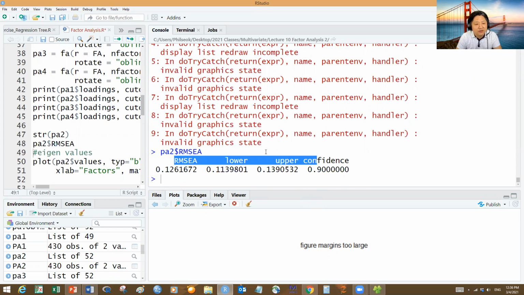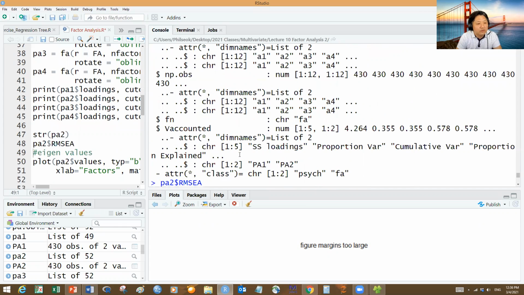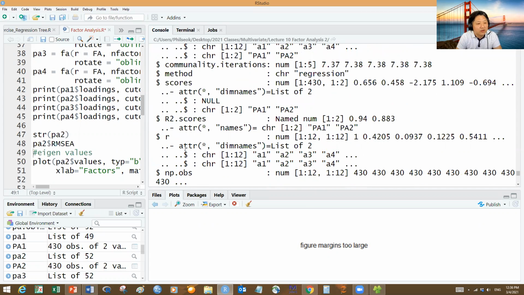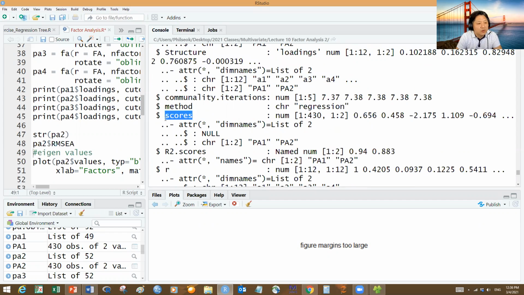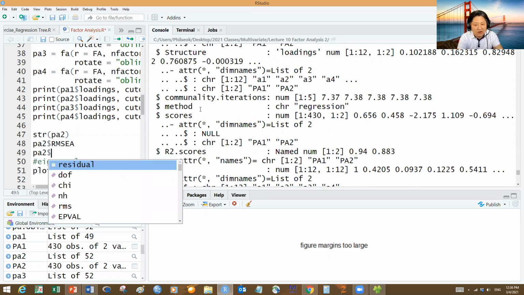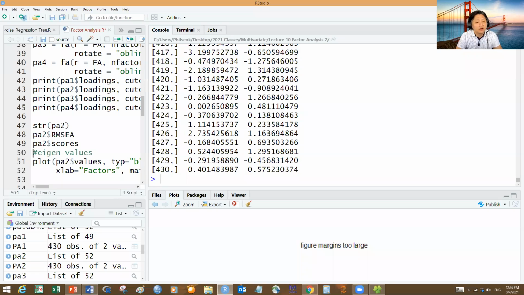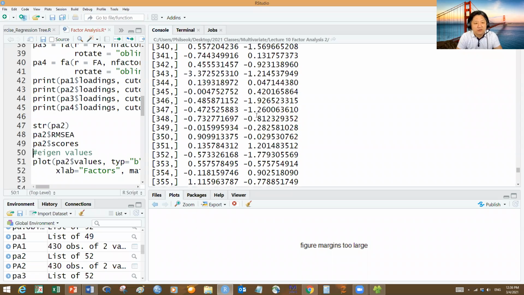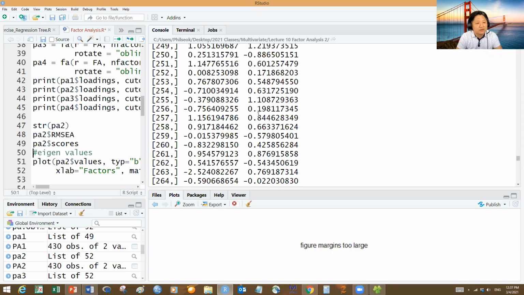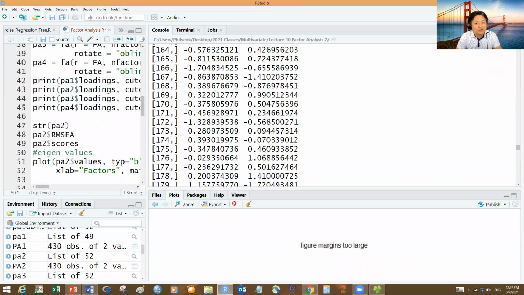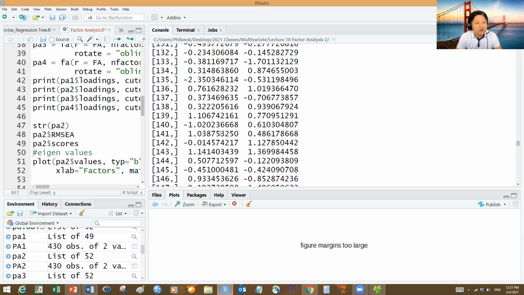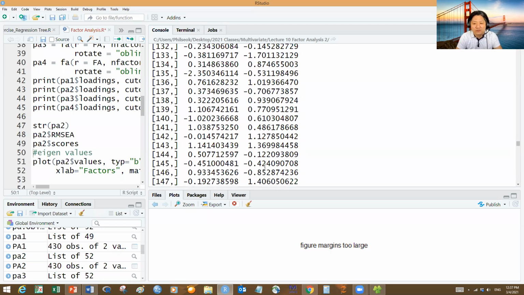Sometimes you may need more information about your R square, so maybe scores. This is the factor score information. So PA2, dollar sign, scores. Run it, and now we got the factor scores for factor one and factor two.